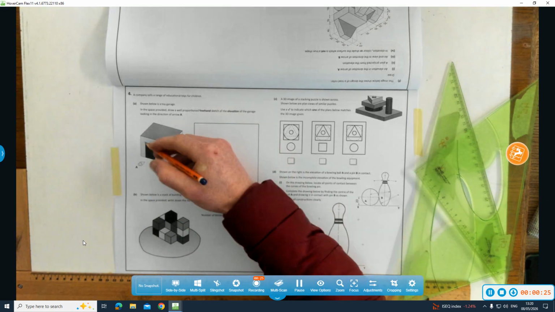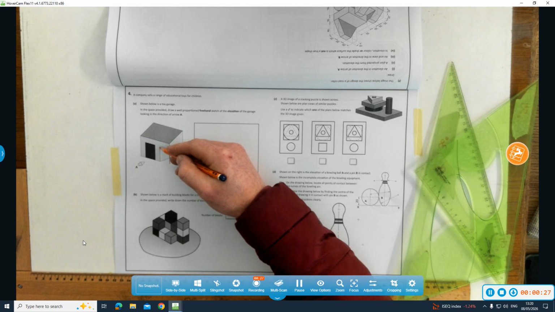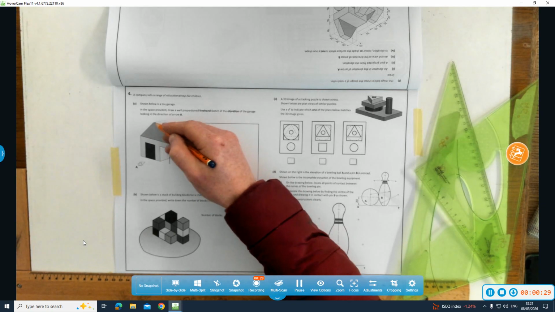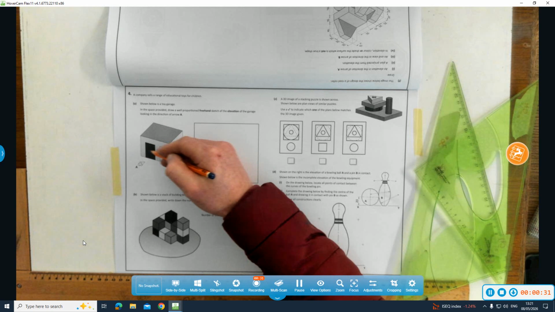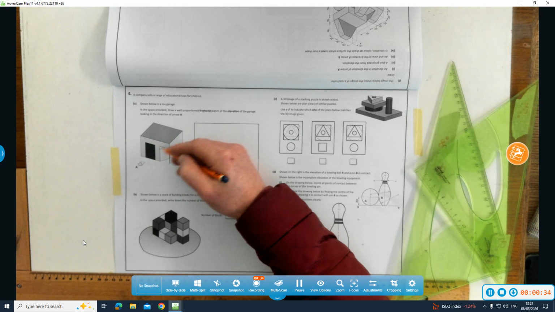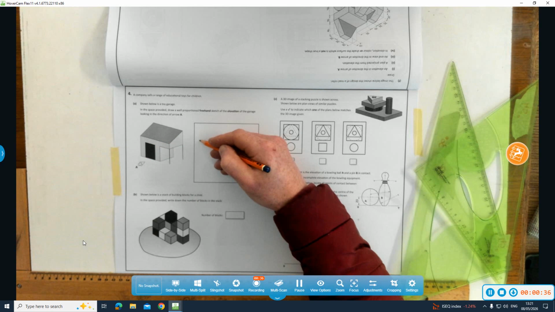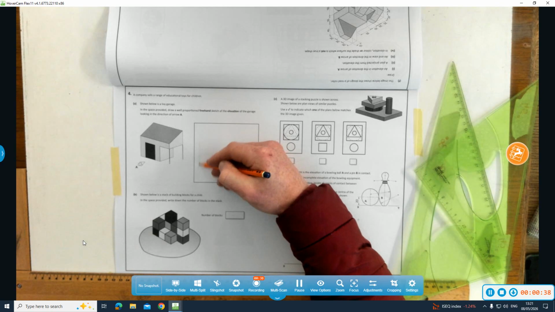If we're looking straight in here, we're going to see this little portion here. We're going to see the roof part here as a rectangle. We're going to see our door there, I presume that's our door, and our sheltered area there as well. So freehand sketch, just take your time with your sketching.